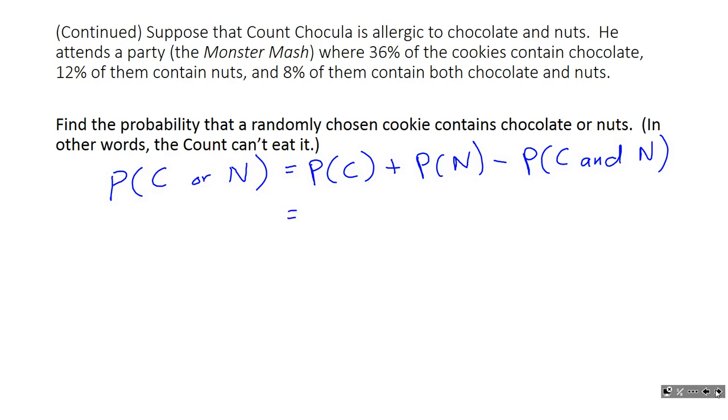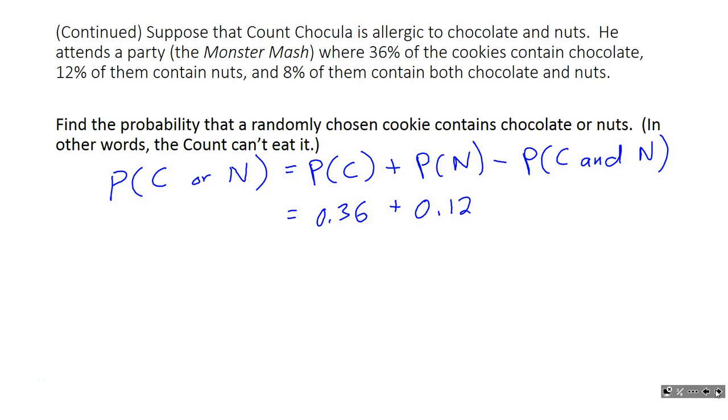And let's see what we have. Well, probability of C, I of course wrote it down on the previous page, but you can look at the top of the page here. That's our 0.36. Probability that the cookies contain nuts was 0.12. Now notice right now 0.36 and 0.12 give 0.48.